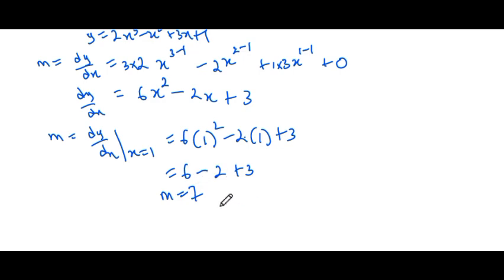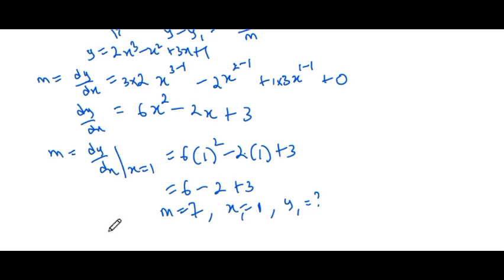Now we know m, we know x1 is 1, but we don't know y1. So to get y1, we go back to the original equation and plug in the value of x. So this becomes 2 open bracket 1 cube minus open bracket 1 squared plus 3 open bracket 1 plus 1.